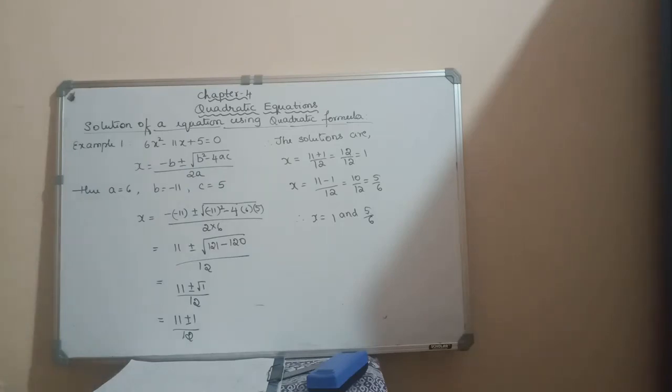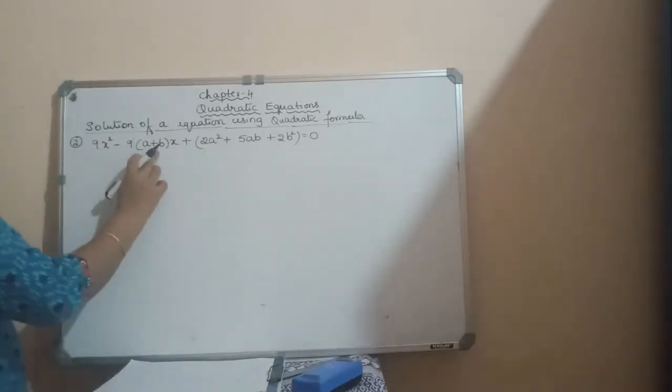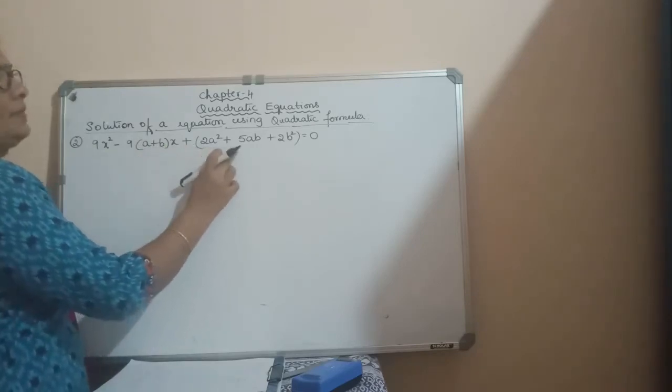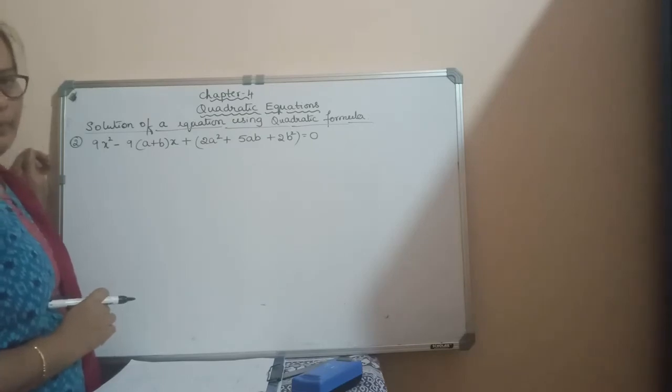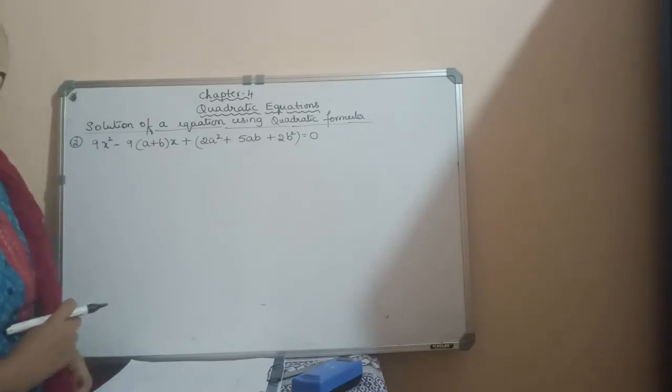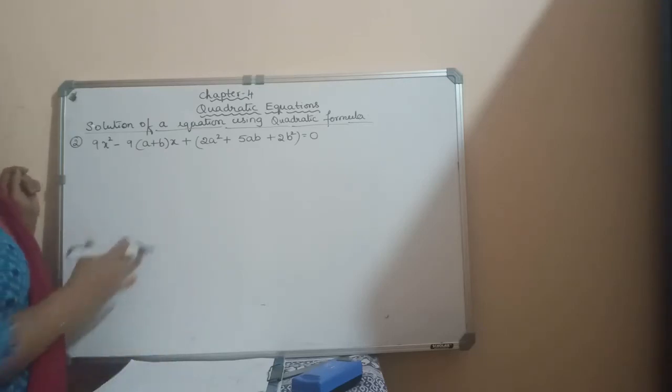Second example. 9x square minus 9 into a plus b x plus 2a square plus 5ab plus 2b square equals 0. Now you have to find the solution of the equation, that is the x value. So using the quadratic formula we can find the solution.